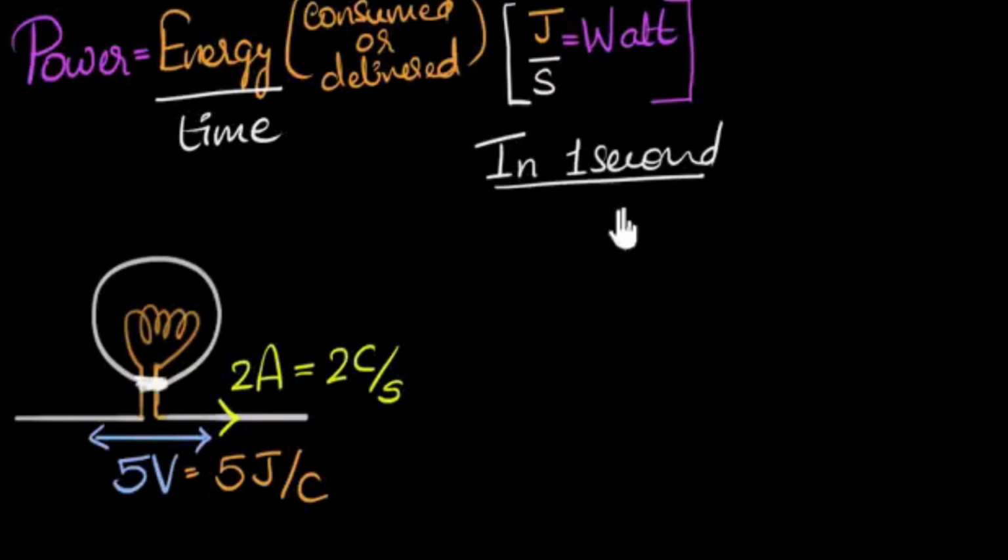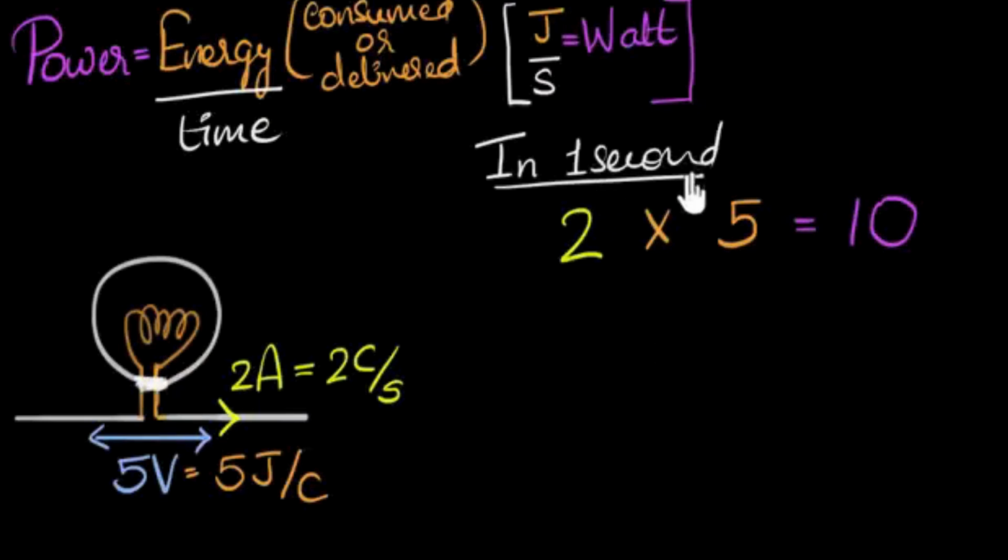In 1 second, I know 2 coulombs of charge will pass through. But each coulomb will deliver 5 joules of energy. So 2 coulombs will deliver 2 times 5, 10 joules of energy.